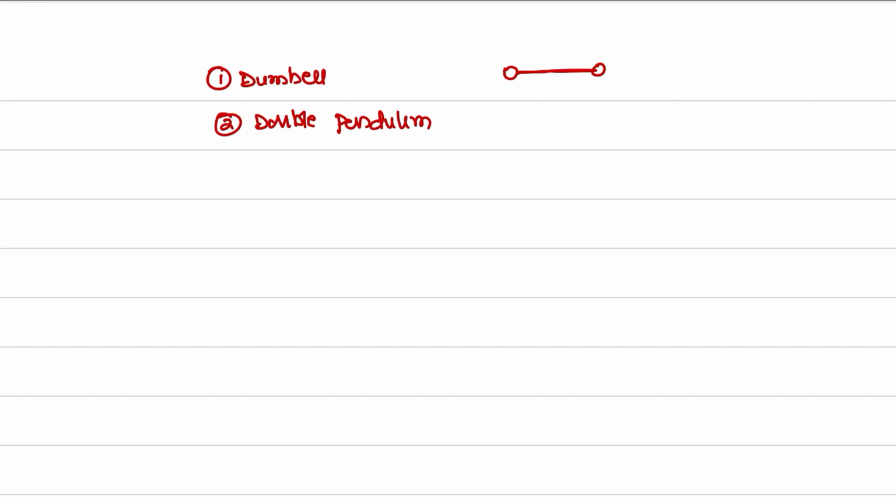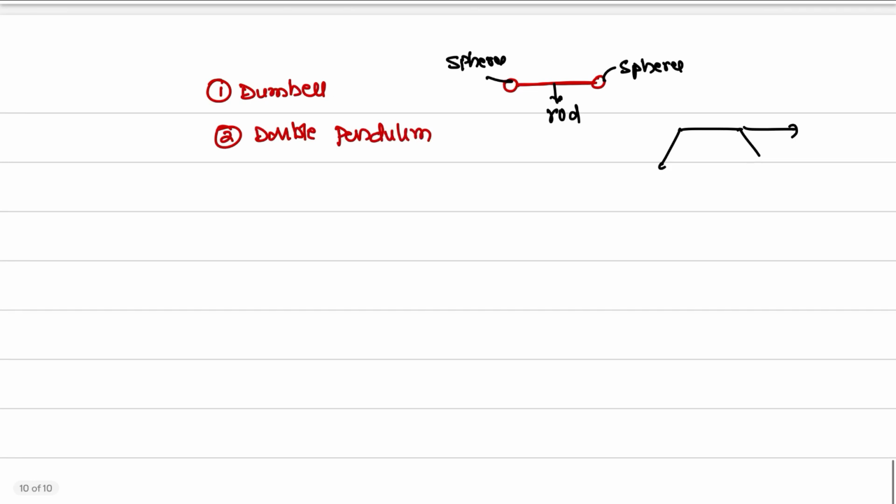These are spheres, and this is a stiff iron rod. Then the double pendulum, as I told you, a pendulum moving with some velocity or acceleration, and like this many rigid body problems.